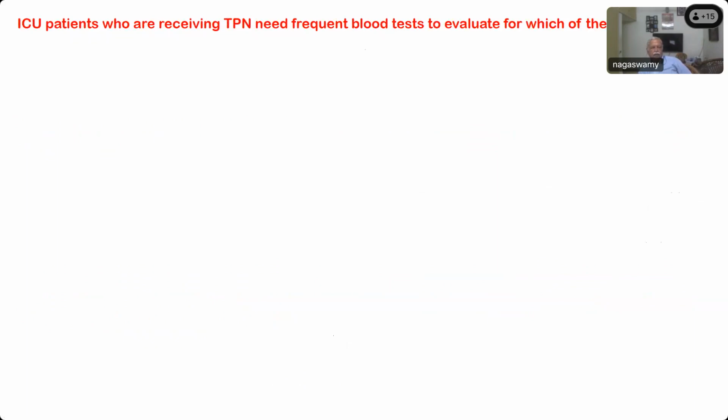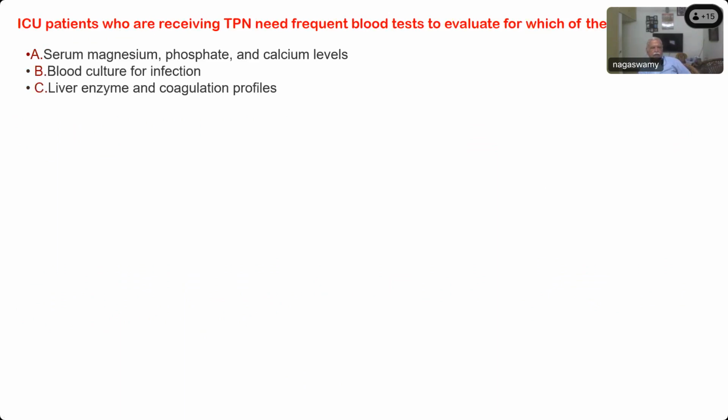ICU patients who are receiving TPN need frequent blood tests to evaluate for which of the following: serum magnesium, phosphate, and calcium; blood culture for infection; liver enzymes and coagulation profile; serum cardiac markers and glucose levels.